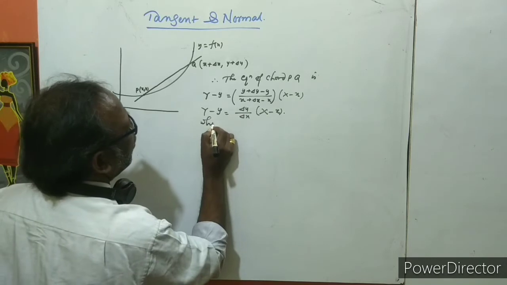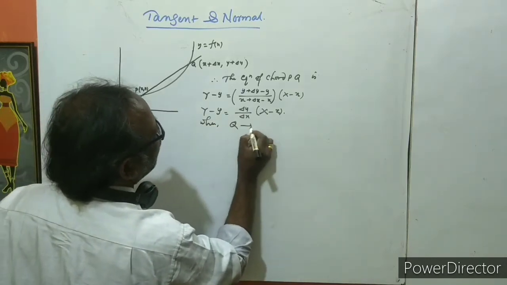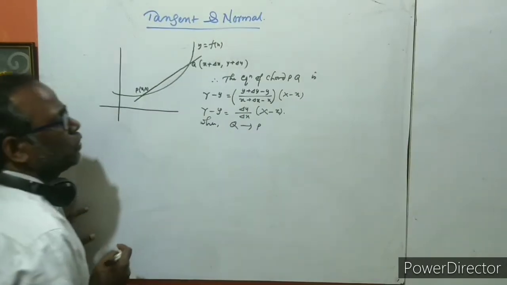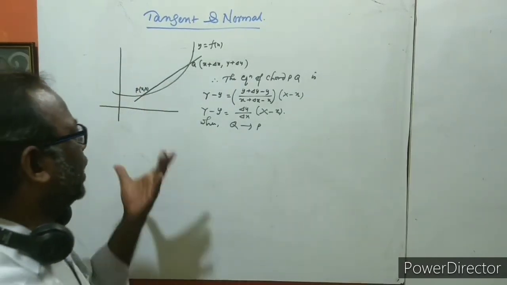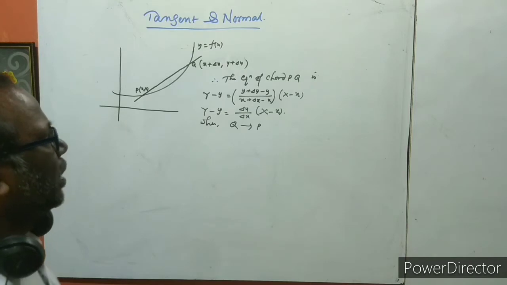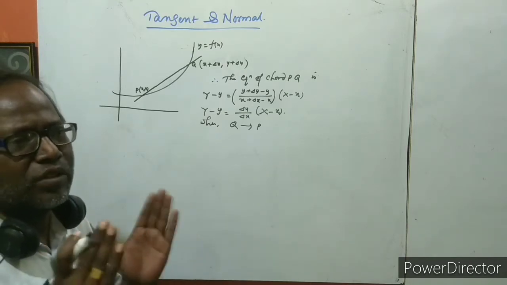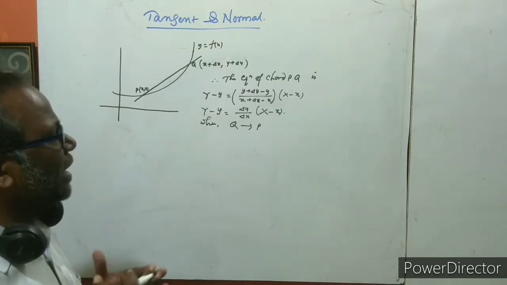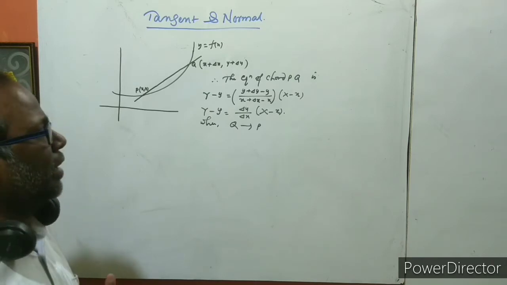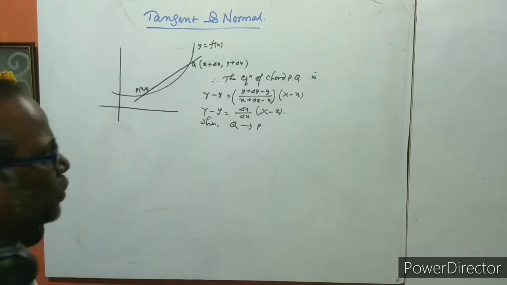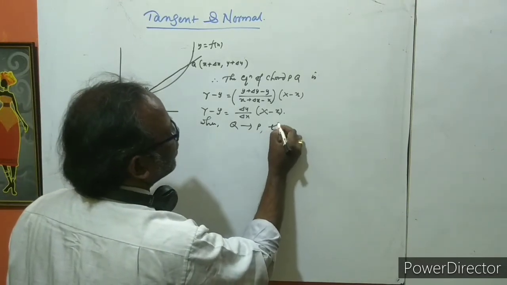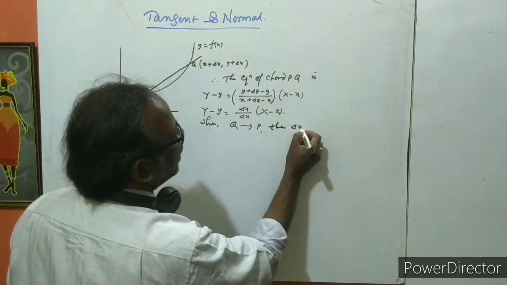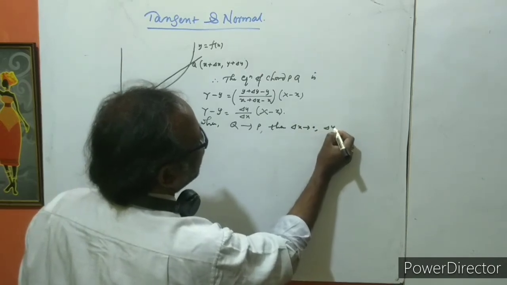Now when Q tends to P, the movement of PQ is nearest to P. In that case, you can say that del x tends to 0, so the point Q lies on P. Del x tends to 0 and del y tends to 0.